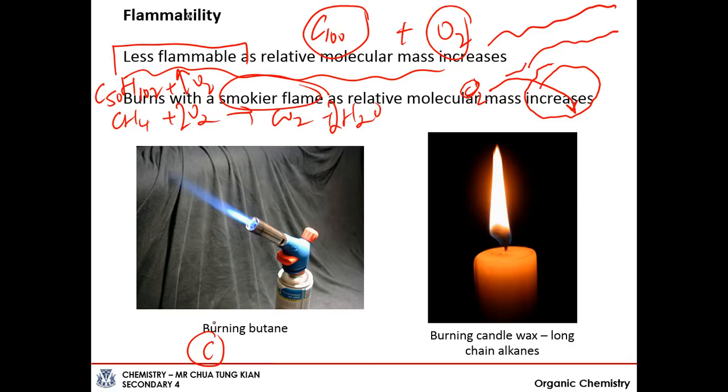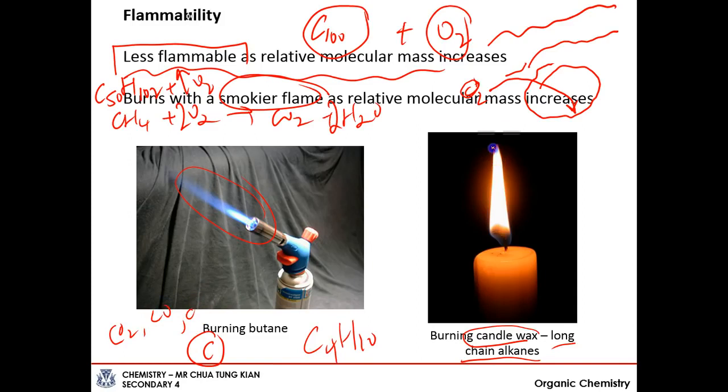So take a look here. Butane torch, you are burning C4H10. Small molecule, easy to burn, and easy to burn completely. Candle wax, on the other hand, long chain alkanes, very large MR, so as a result, it burns incompletely. And during this incomplete combustion, it gives rise to carbon dioxide, carbon monoxide, and soot.